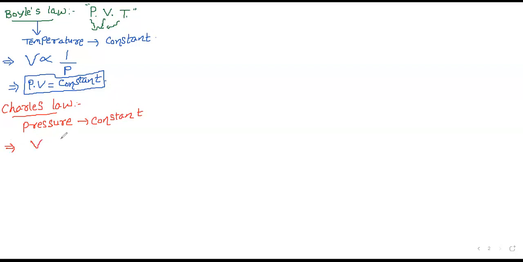It is found that the volume of the given mass of a gas is directly proportional to the temperature. So we can say that volume by temperature is a constant. This is the Charles law equation.